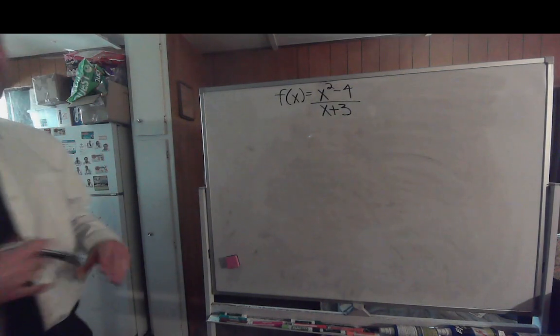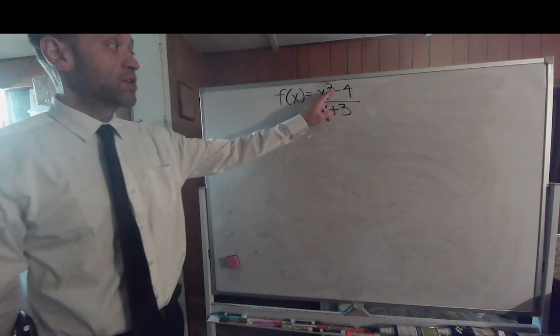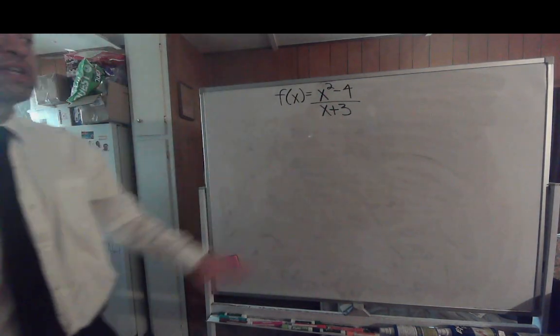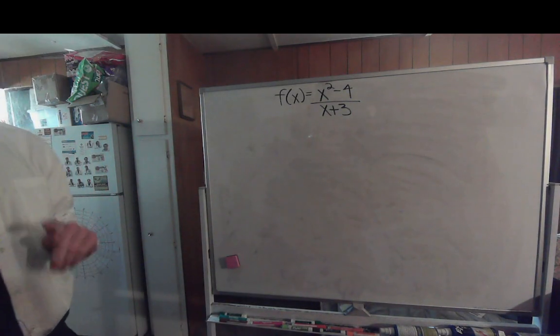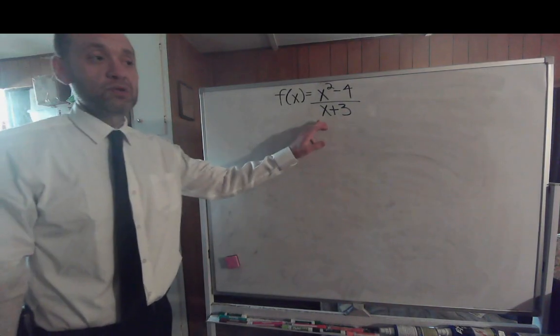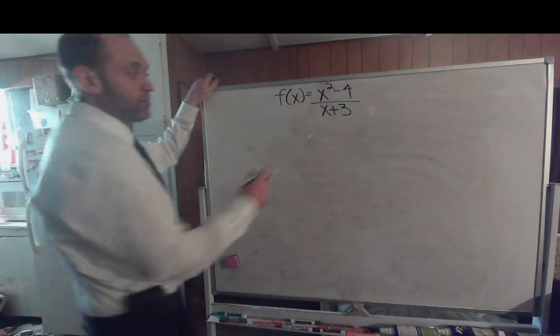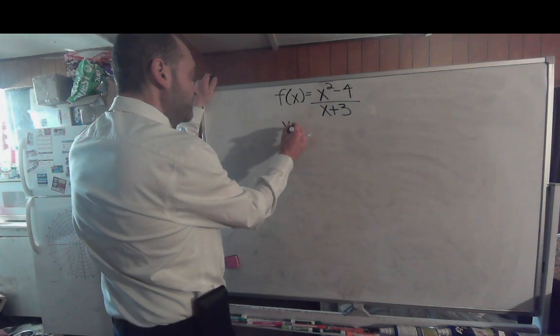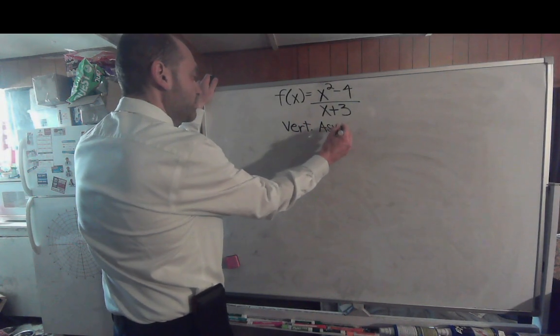All of a sudden we have a rational function in which the degree of the numerator is greater than the degree of the denominator. Well, let's deal with our vertical asymptote. That much hasn't changed. That, again, is when the denominator equals 0. So you for sure have a vertical asymptote when x equals -3.